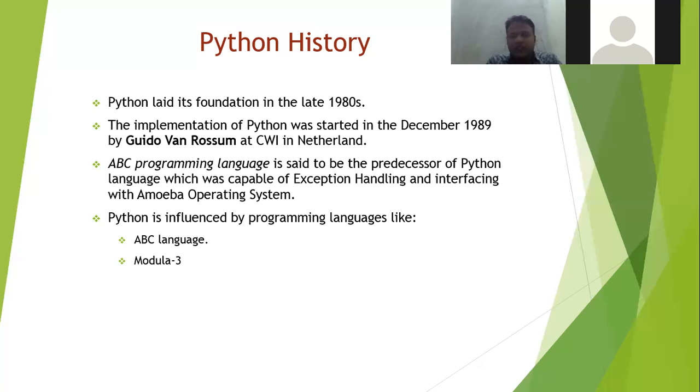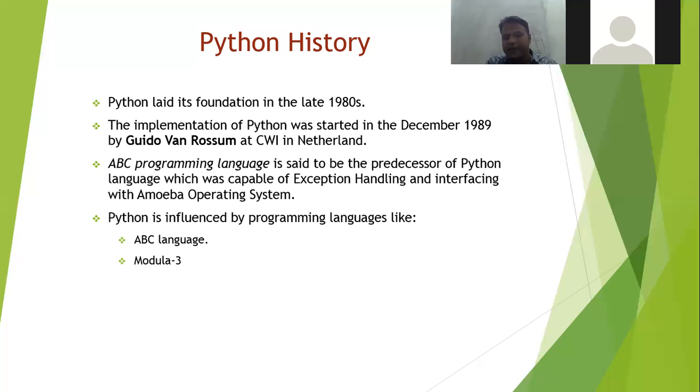At that time he developed a language and gave it the name ABC language, but it was not very popular at that time, because it contained some ambiguous features.